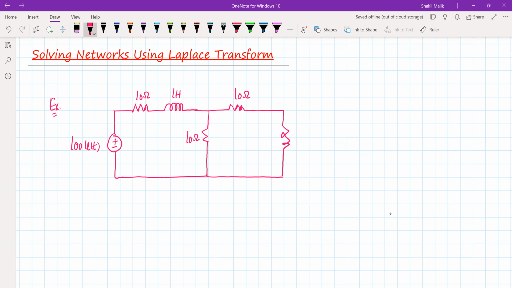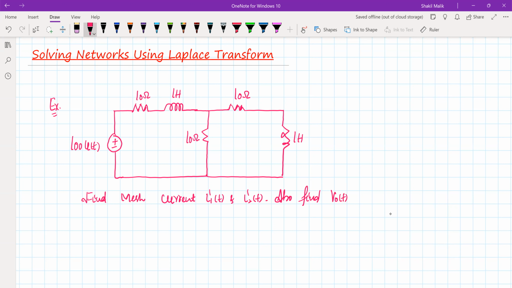Turn on. This is 1 Henry, and let's suppose we have to find mesh currents I1 of t and I2 of t, and also we have to find the voltage across this 1 ohm resistor, V0 of t.